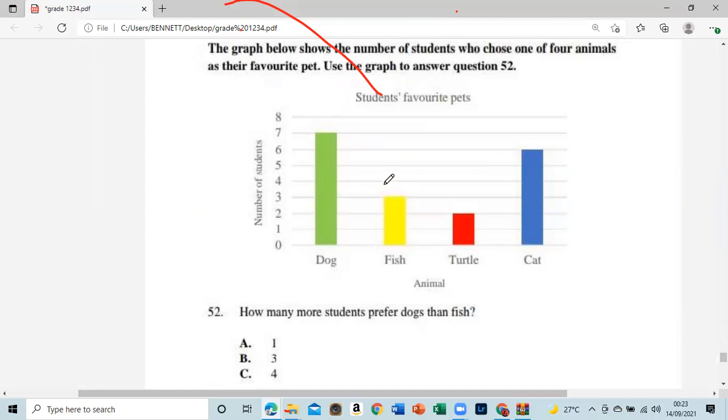That would be 3. Let's go to dogs, and that is 7. So in order to find how many more, we subtract 7 minus 3, and that gives us 4. So 52 would be 4.